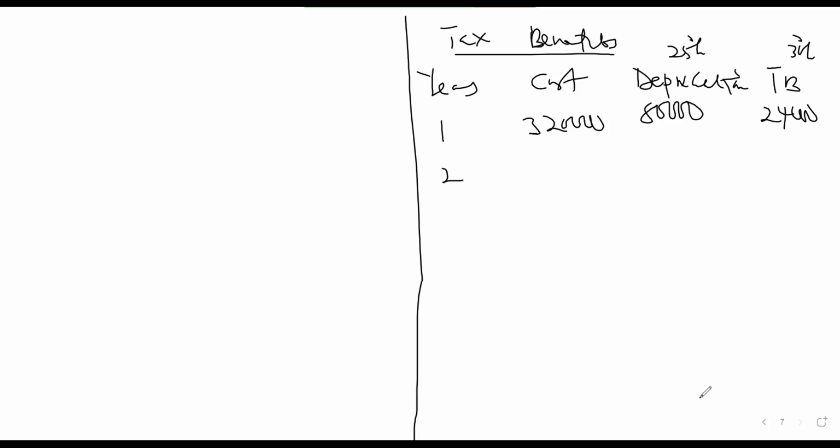What will be the carrying value for year two? $240,000. Is that correct? 240, yes. Depreciation is 60,000. Are we confirming that?